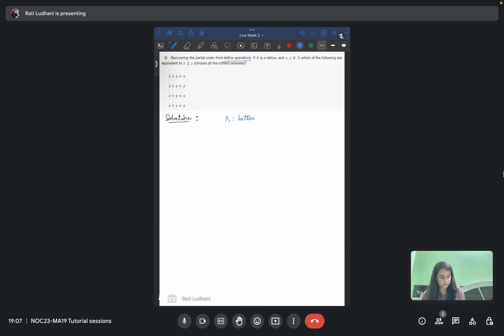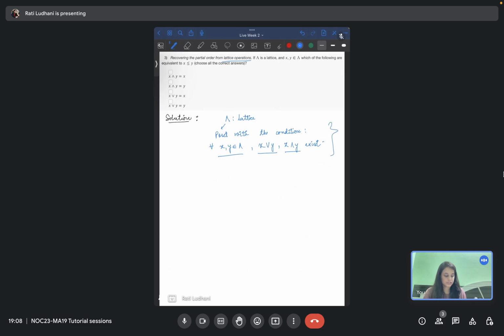A lattice is a poset with the extra condition: for all x, y belonging to the lattice, x join y and x meet y exist.